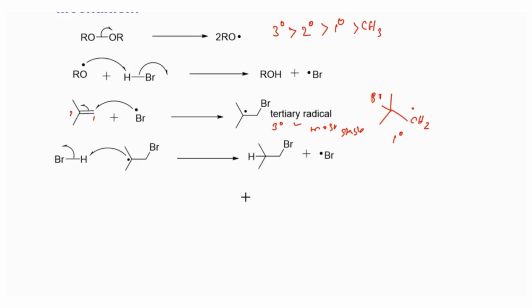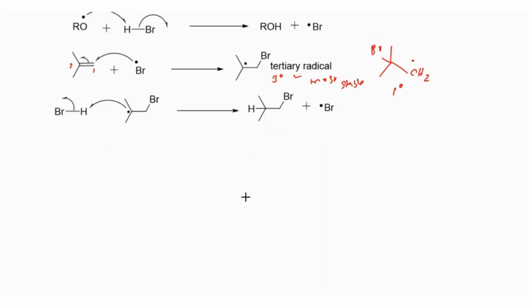Before concluding the topic, let me add one more important piece of information. If you add HCl, or other than HBr, like HI and HF, this will not give the anti-Markovnikov product, even if you add peroxides.